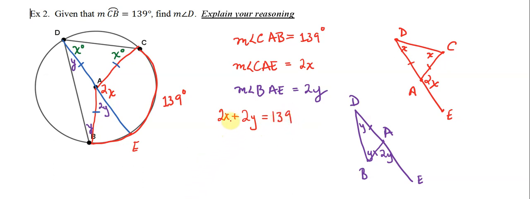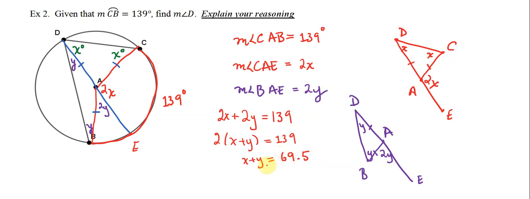And we're not going to solve for x and y. We're just going to try to simplify this a little bit further, factor out the 2. So 2 times (x plus y) is equal to 139. Then divide both sides by 2, and that gives us 69.5 is equal to x plus y.